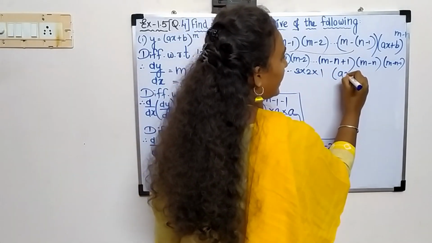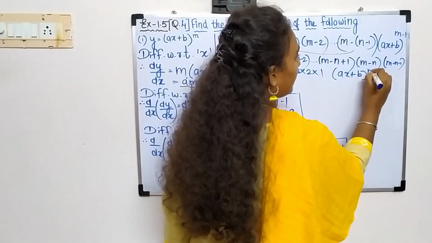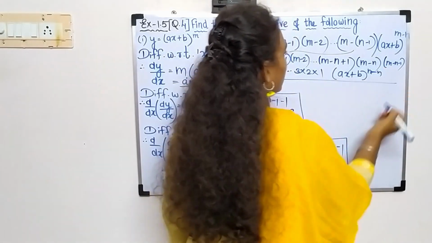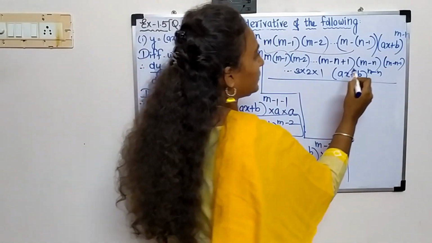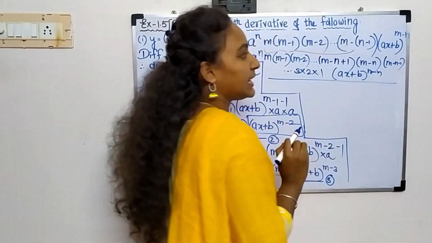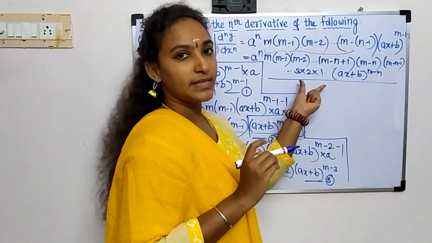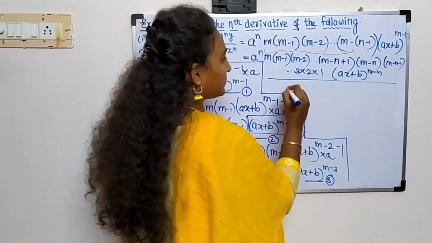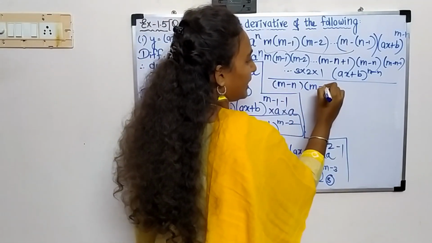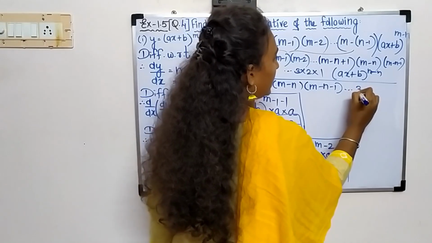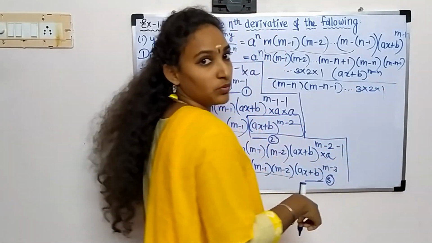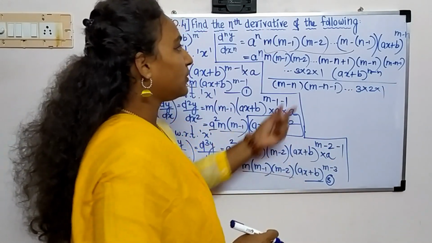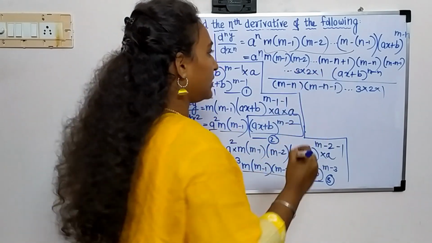And write this ax plus b raised to m minus n. So we have multiplied with m minus n, m minus n minus 1 and this term in the numerator. So copy the same to the denominator. M minus n, m minus n minus 1 up to 3 into 2 into 1. Okay. So that our numerator can be written as m factorial.